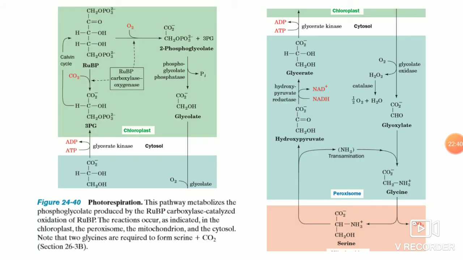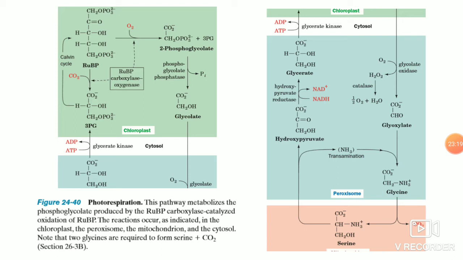So the reaction is very simple. What is glycolate formed from? The addition of oxygen by RuBP carboxylase oxygenase enzyme onto ribulose 1,5-bisphosphate forms 2-phosphoglycolate, and this 2-phosphoglycolate is converted into glycolate by releasing one phosphate, and then you have the glycolate in the chloroplast.